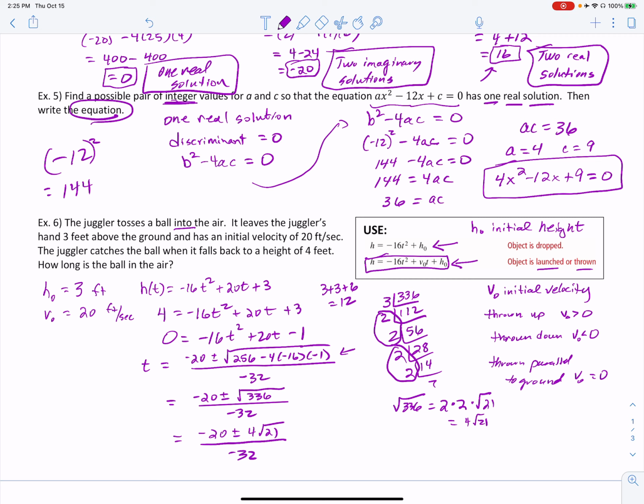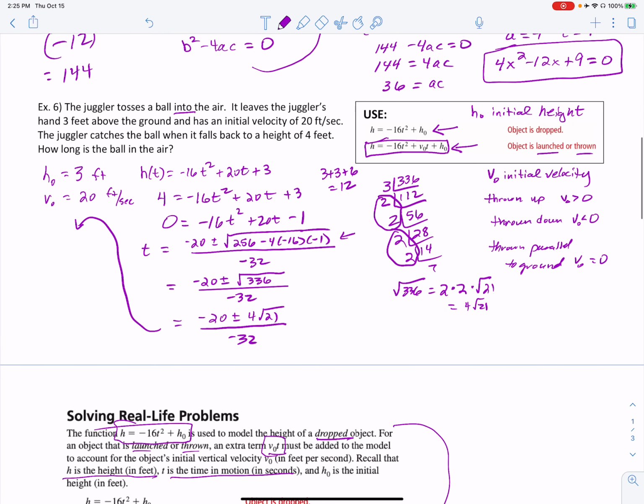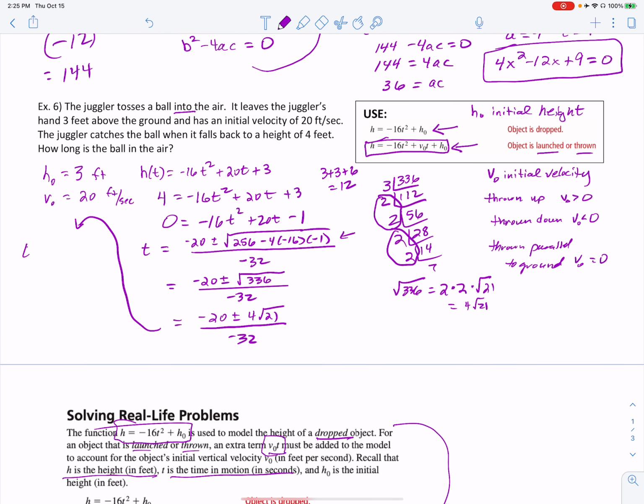Okay, I'm liking that because the 4, the 20, and the 32 are all divisible by 4. So I'm kind of out of room to the right. I wrote too much stuff. I don't normally do this, but I'm going to come back up over here. I've got t is equal to, now notice how I'm communicating. It's not my normal to go to the left, but I'm working straight down the middle.